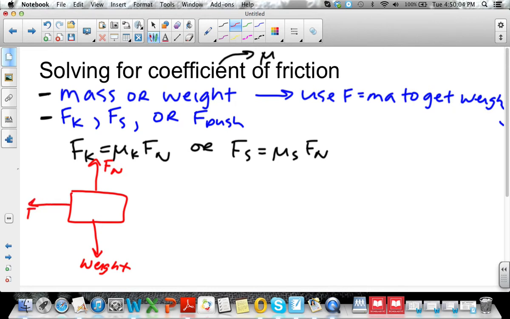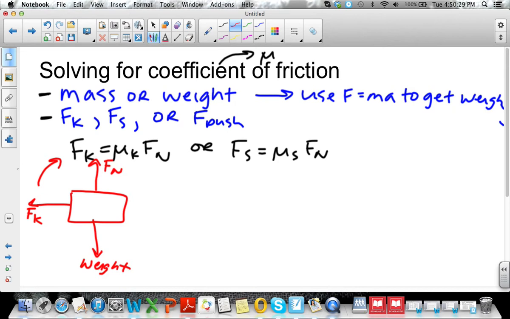So say I've got Fk over here. Then I can have that in my picture. You may or may not have an F push, but if you've got Fk and you have Fn, you can automatically go straight into this formula, Fk equals mu k Fn, because you have enough information. You have the normal force, you have the kinetic friction, you can solve for mu.